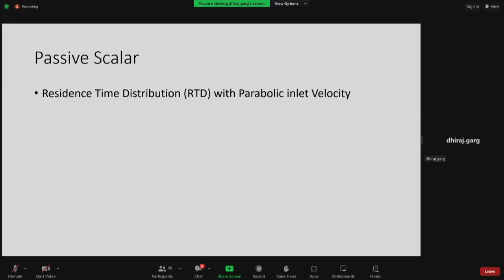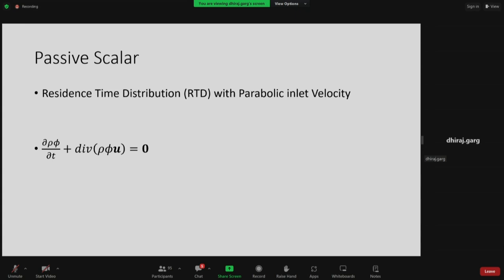Residence time distribution is for visualizing how good the mixing is inside, how the time distribution of different particles varies within the system. The same equation is applicable, except that the boundary condition now would be that the inlet velocity should not be flat, but a parabolic velocity profile. That's the only difference.